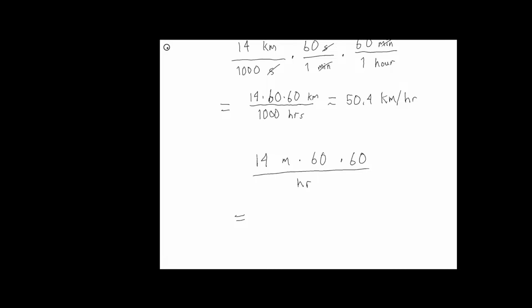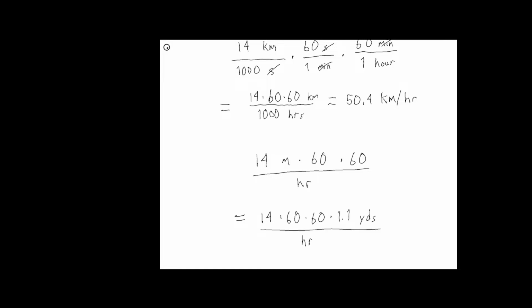Okay, if we have 14 meters times 60 times 60, we got rid of the dividing by 1,000 up here because we're still leaving it in meters. We haven't converted it to kilometers yet. But we can convert meters into yards using our handy 1.1 rule. So we've got 14 times 60 times 60 times 1.1 yards.